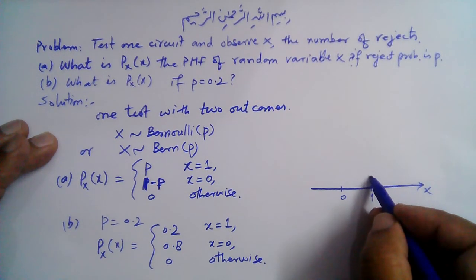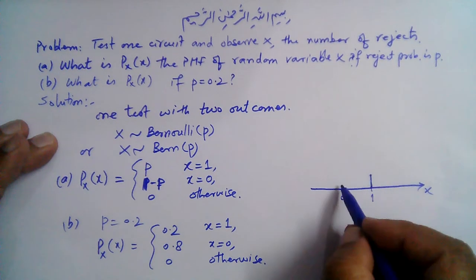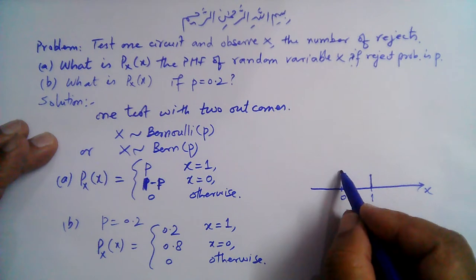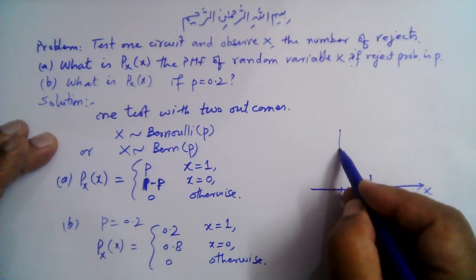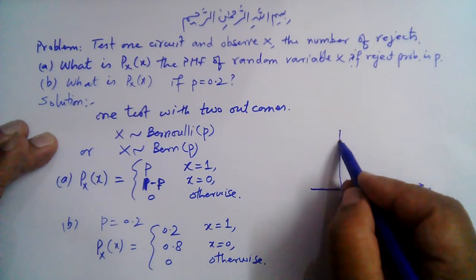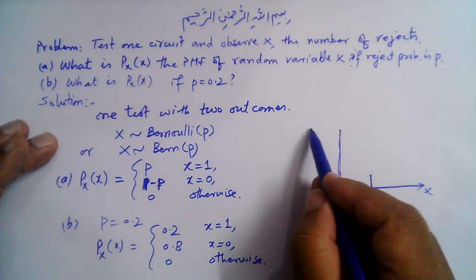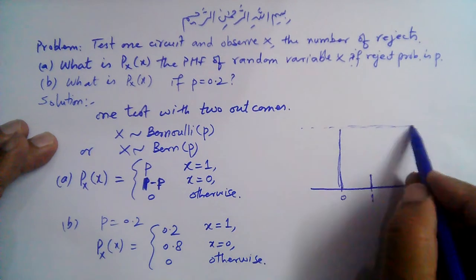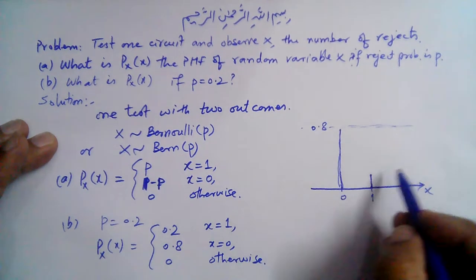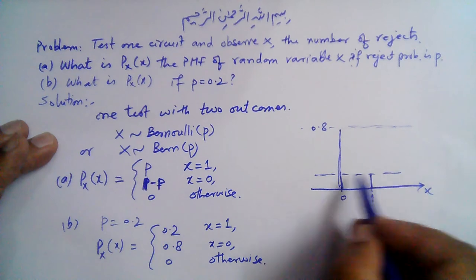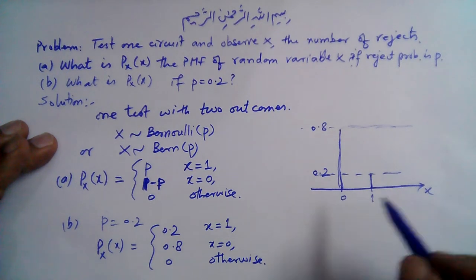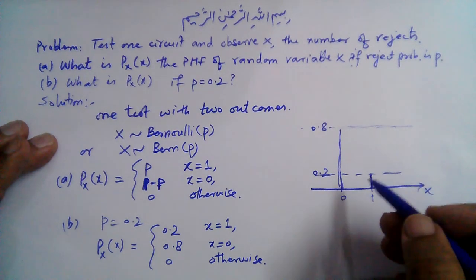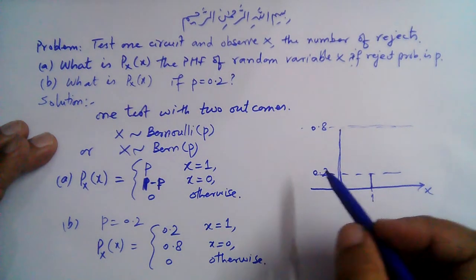So suppose this is 0.2 right here, then 0.8 is somewhere here. So this is 0.8 at this level, and this is 0.2 at this level. So this is a graphical representation of the PMF of the random variable X.